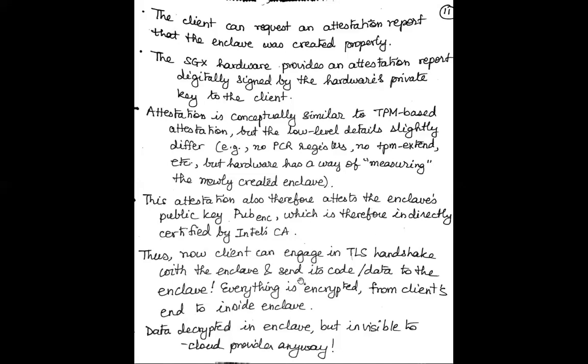Now the client can send its code and data to the enclave and provision the enclave securely. Everything is encrypted all the way from the client's computer to within the enclave. Whatever code and data is sent by the client is decrypted within the enclave, but it's invisible to the cloud provider anyway. Once it's sitting inside the enclave, it's invisible to the cloud provider.